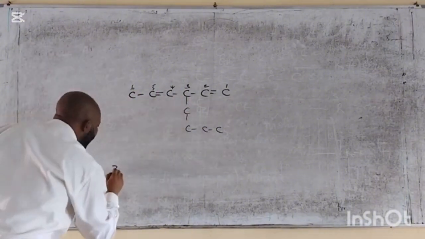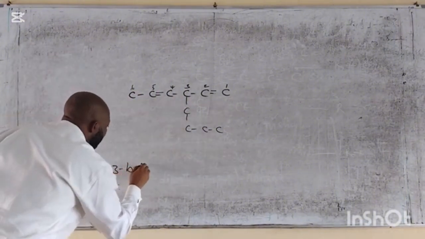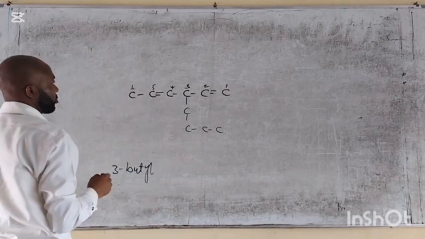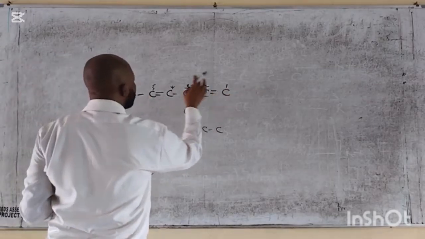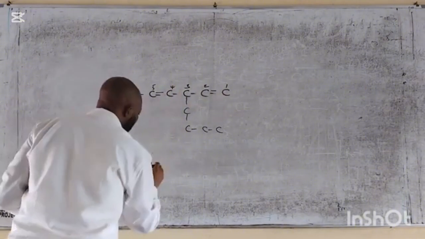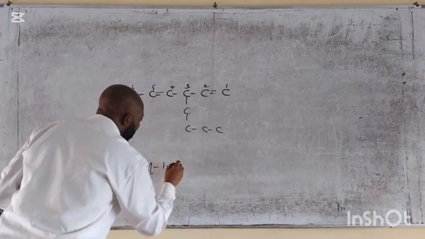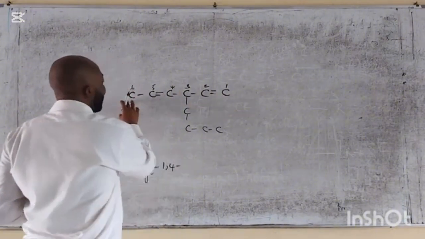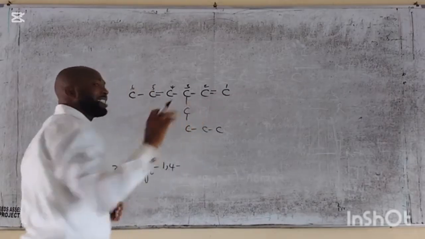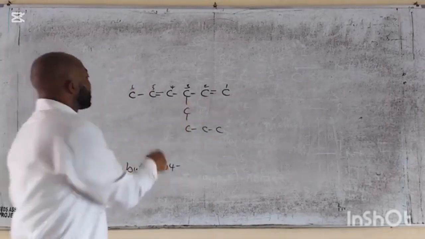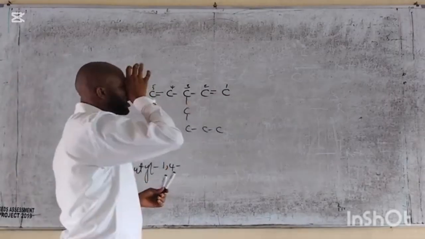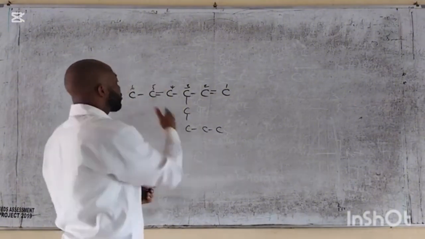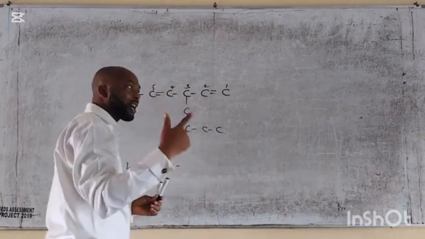Now I have 3-butyl, 1,4-hexadiene. Now this is hexane, a parent chain of 6, but I have 2 double bonds, so it becomes hexa.